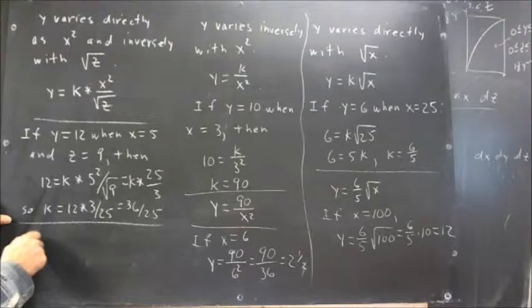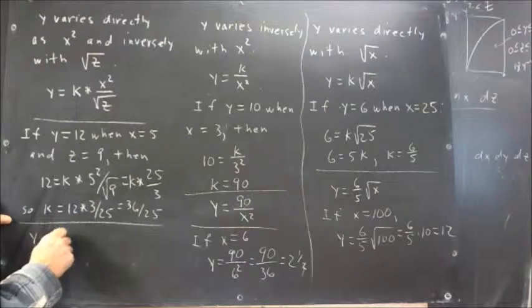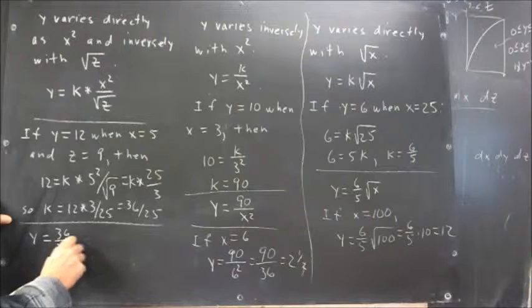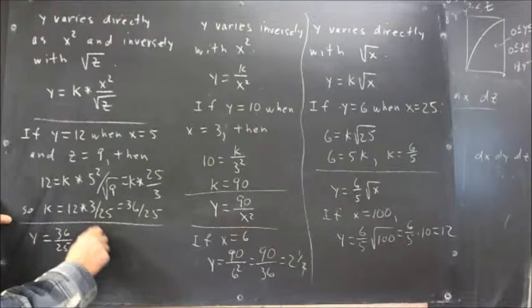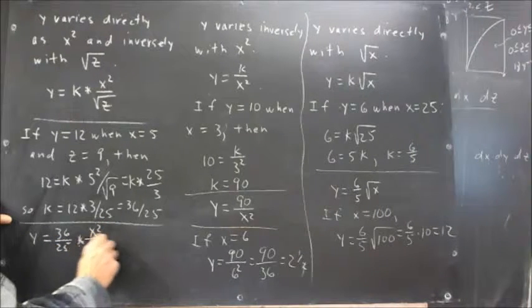So now y equals 36 over 25 times x squared over square root of z.